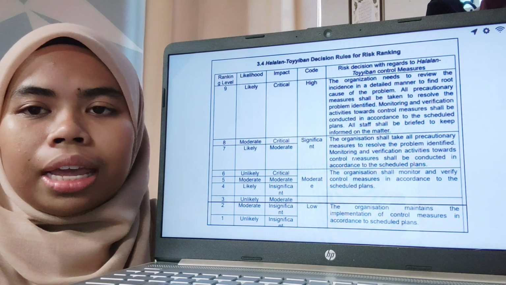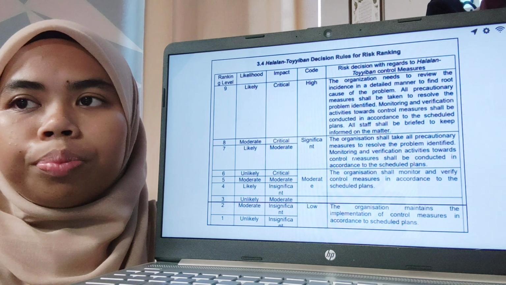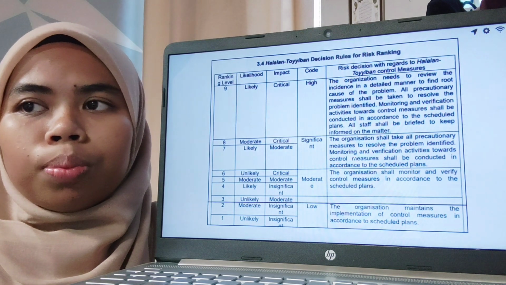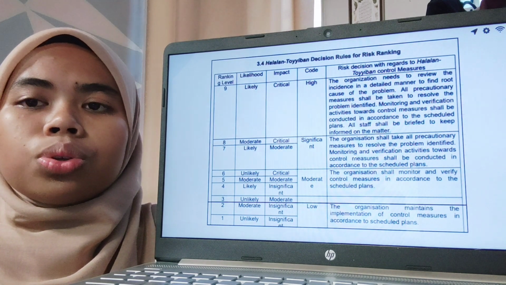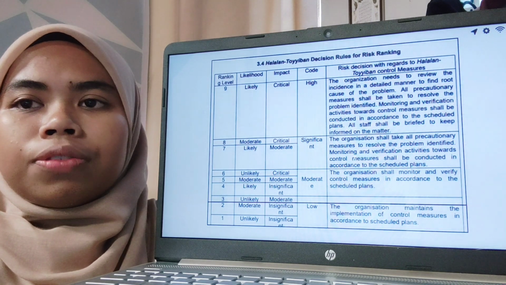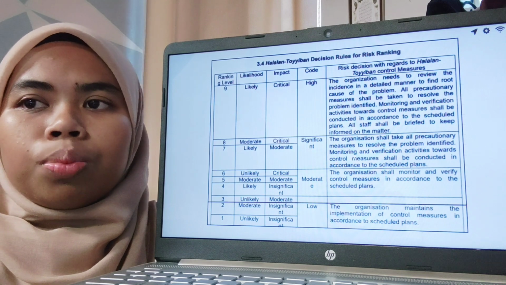For the 7 and 8, it is significant. The organization shall take measures to resolve the problem identified, and monitoring and verification activities also need to be conducted. And for the 4 until 6, it is code moderate.